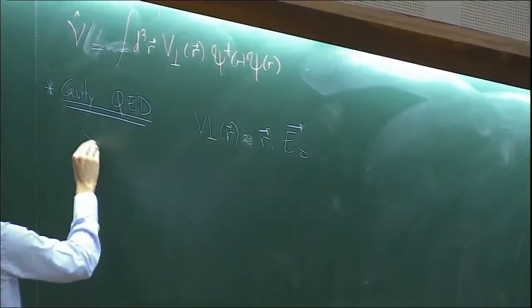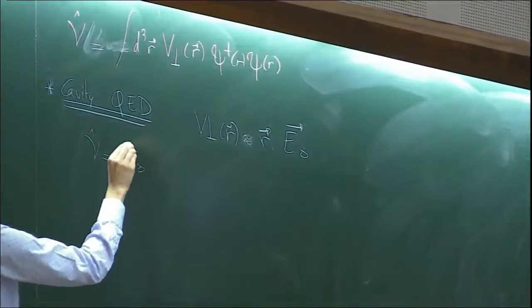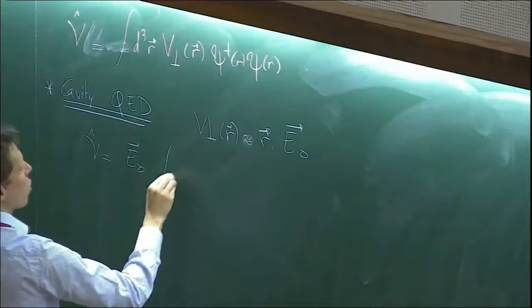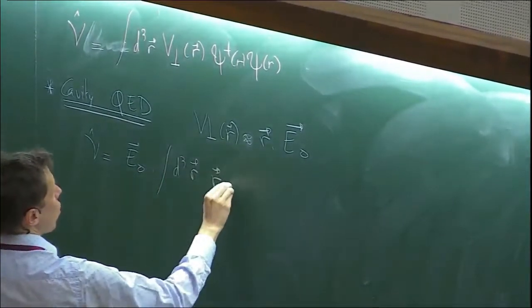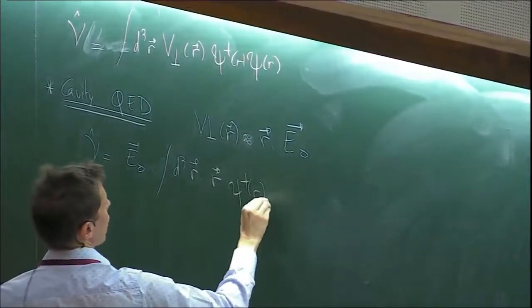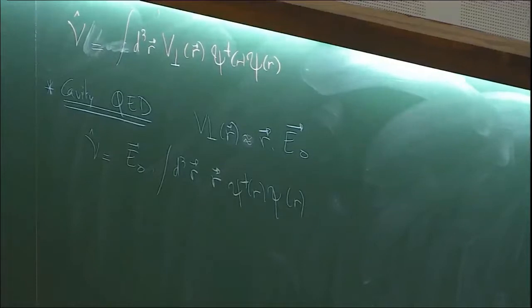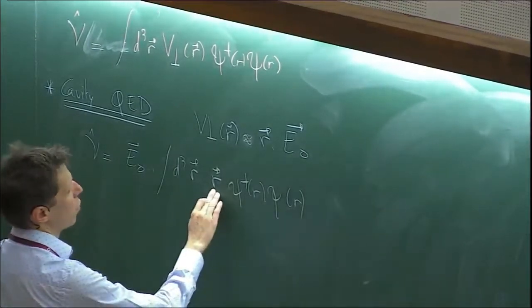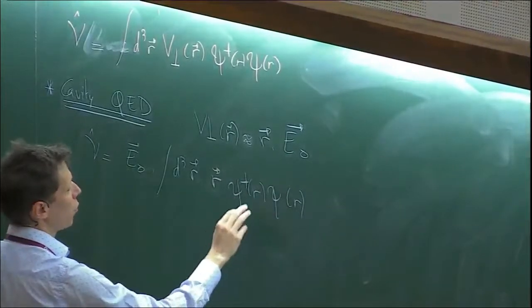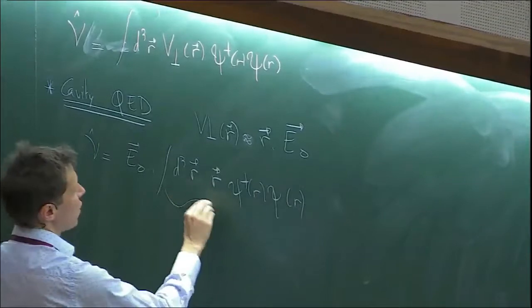And therefore, there is a very simple form which many people, of course, already know. So you have essentially the dipole. Here you have the R plus the electron times the spatial integral of R times the electronic density.